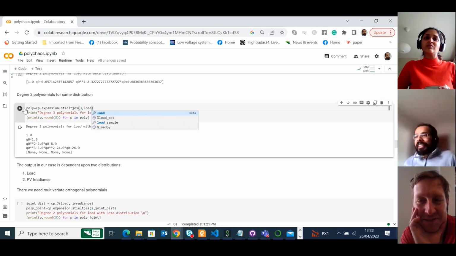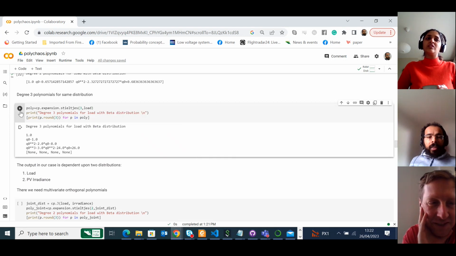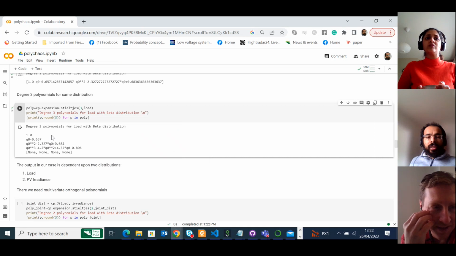Legendre created this polynomial long ago, and around 1973 Wiener, I think, implemented it to represent uncertainty. So these are very standard, so you don't need to worry about it.